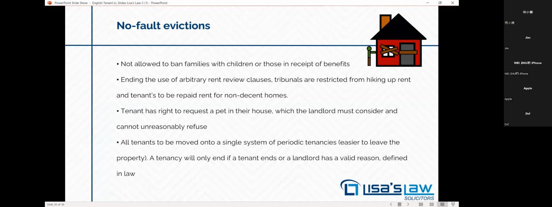The legislation is not fully developed or out yet, but what we will be seeing is the government is taking a position to have no fault eviction.